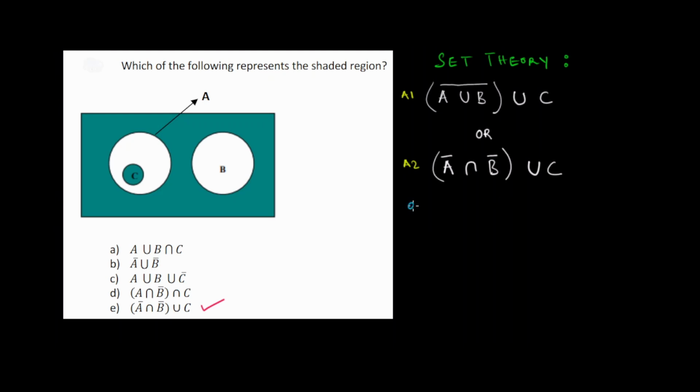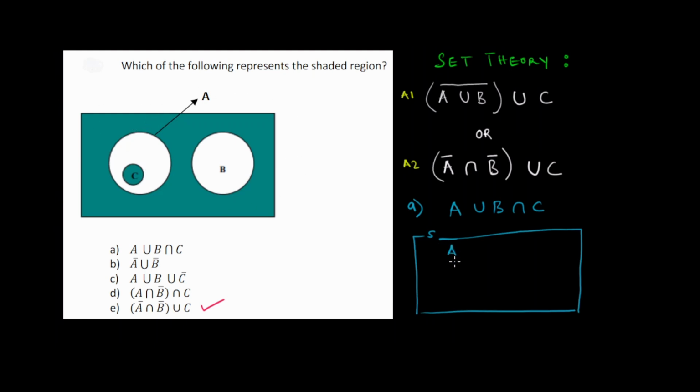So when we look at A, for example, it's saying A union B intersecting C. So it's going to be like this. Let us see if it is correct or not.